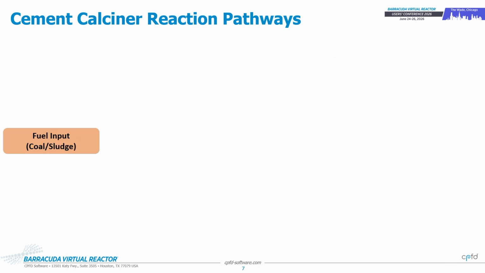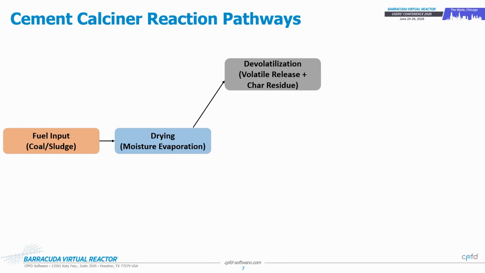Okay, so now let's look at the key reaction pathways. So we have fuel. This can be coal, sludge, RDF, whatnot. It has some amount of moisture, so that undergoes drying as a first step. The moisture evaporates. And then we have the devolatilization, where the volatile component of the fuel gets released and leaves along a char residue.